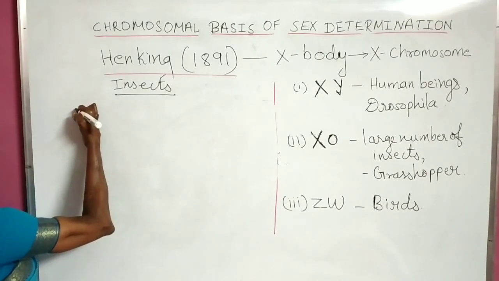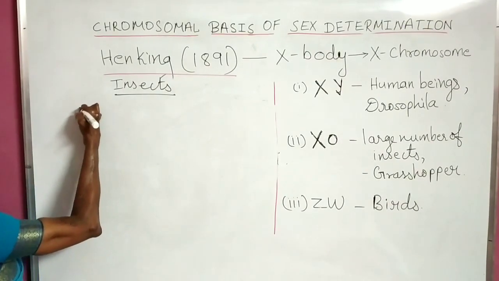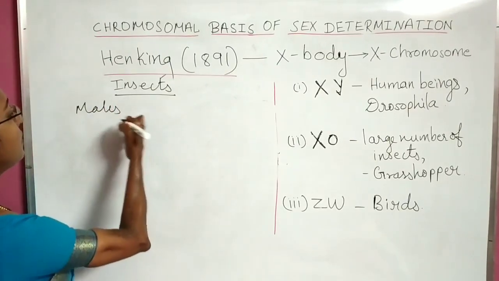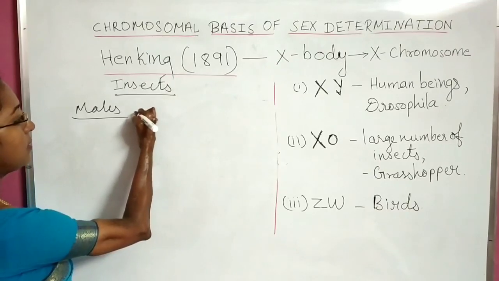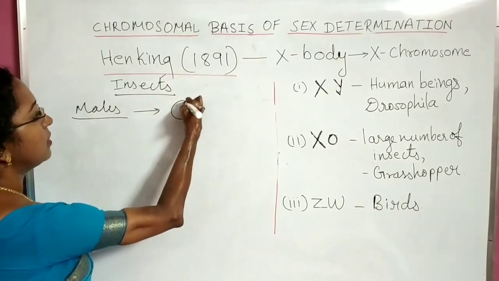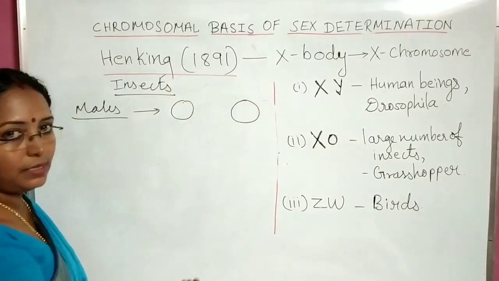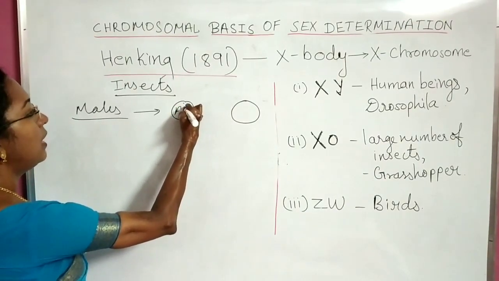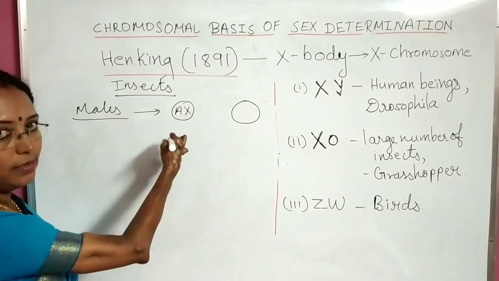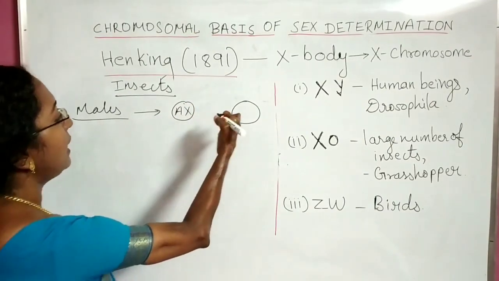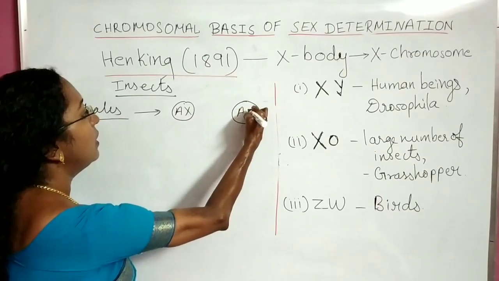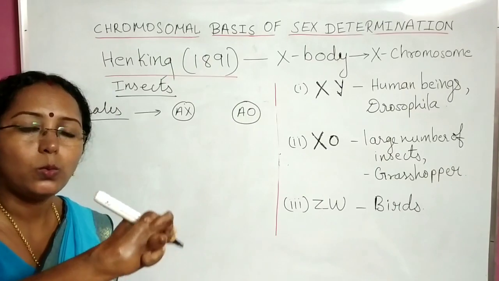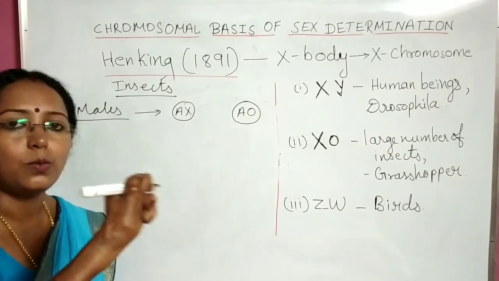See, if it is males, they produce gametes. They produce two types of gametes. One gamete will have autosome and X chromosome. A here is autosome. Another gamete will have autosome without any X chromosome. So without any, zero. That is written as O, zero.